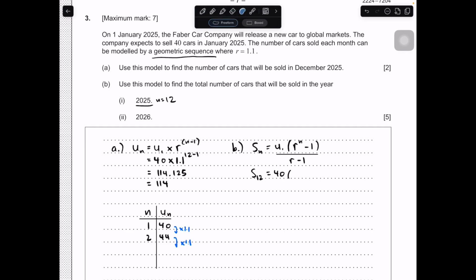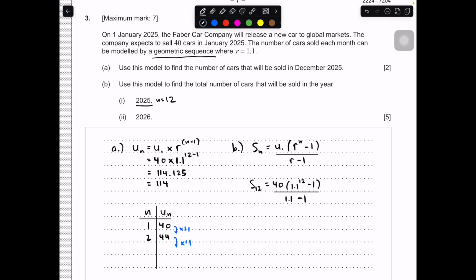I'm going to give myself just a little more room here. R is 1.1, that's the common ratio. N, we want to sum the first 12 terms, minus 1. Here we go. And then it's 1.1 minus 1.